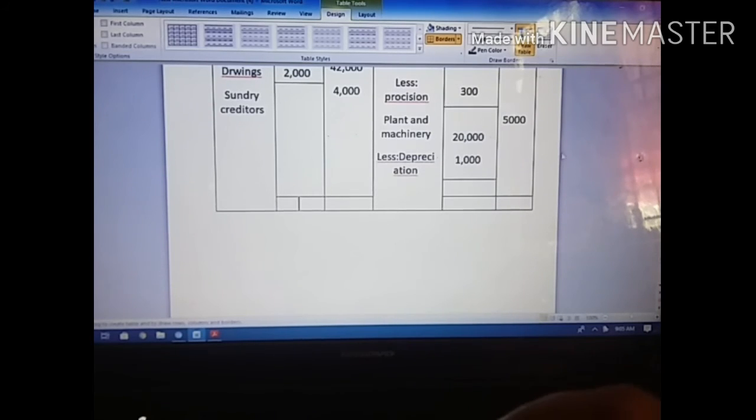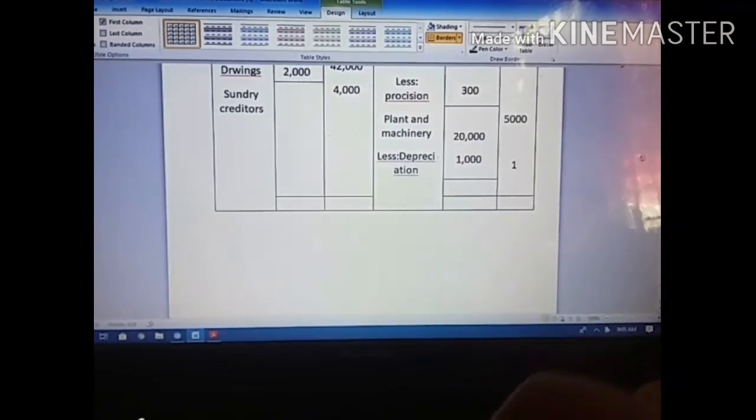So 19,000 we have to show in the outer column, 19,000. So that's it.